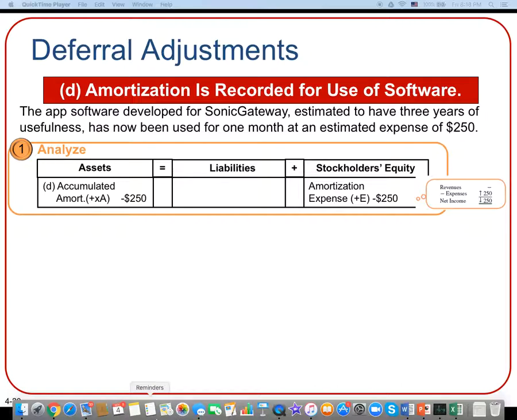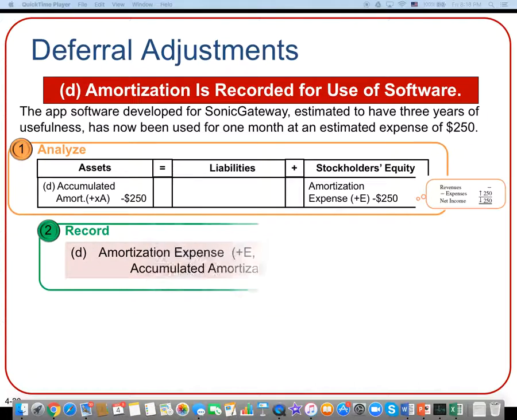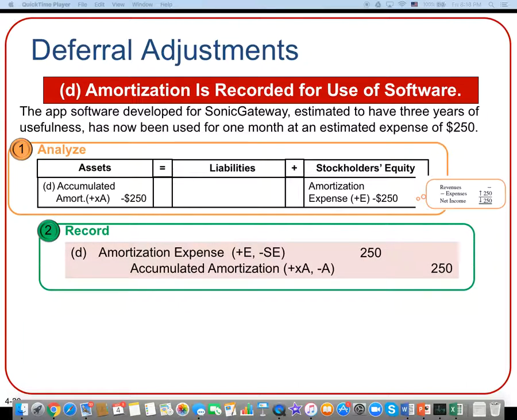If we estimate this is going to have 3 years of useful life, and now we have already used it for 1 month, then you have to record the monthly amortization expense. It's exactly the same concept as depreciation expense. You take the total asset, divide it by 3 years, and then divide it by 12 months, because every month you want to record this amortization expense.